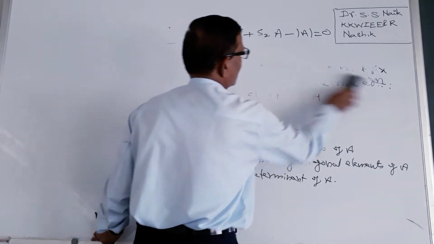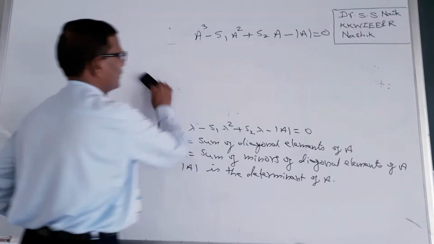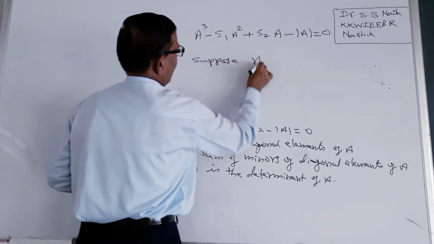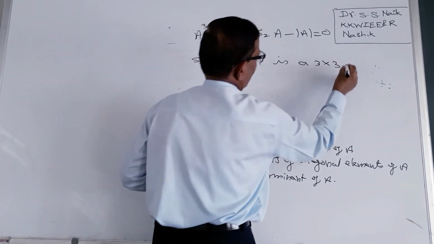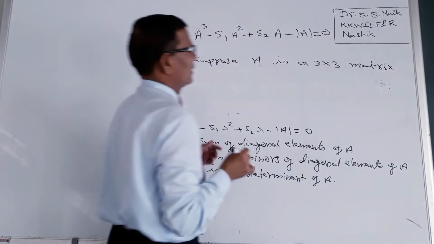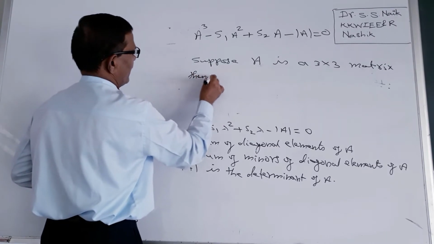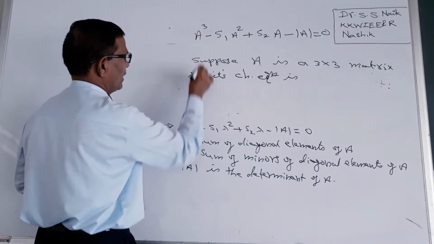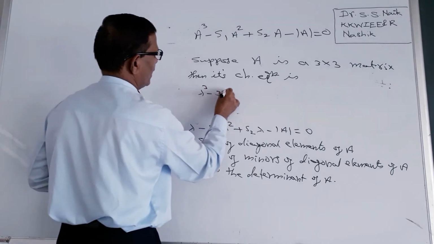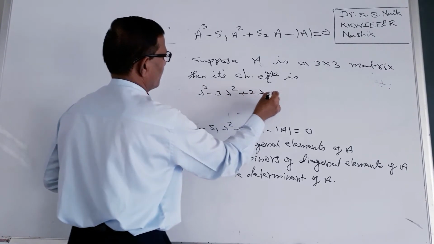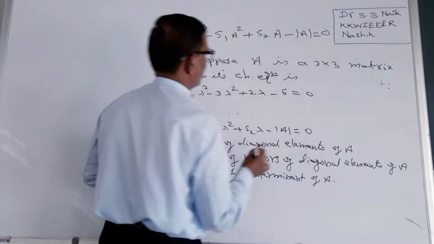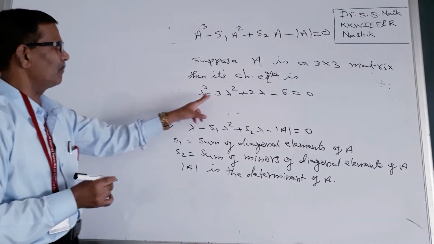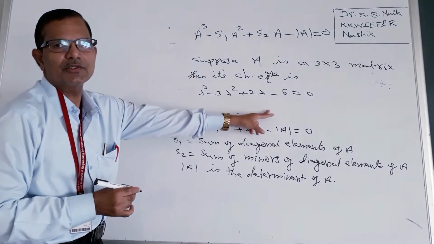Now, let us take an example so the idea becomes clear. I will take a 3 by 3 matrix A. Suppose its characteristic equation is lambda cube minus 3 lambda square plus 2 lambda minus 6 is equal to 0.